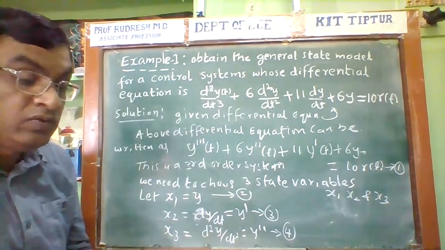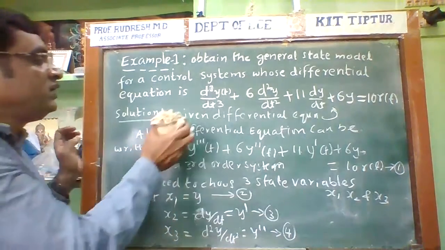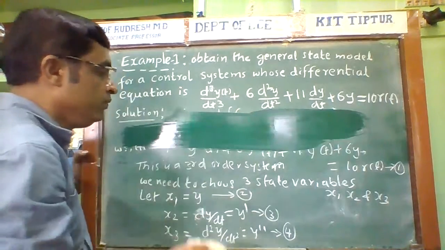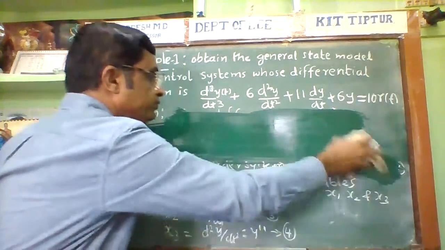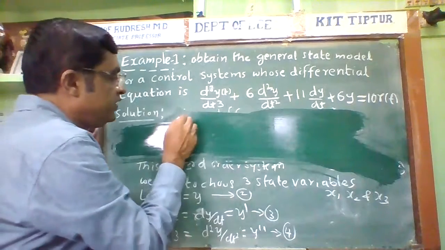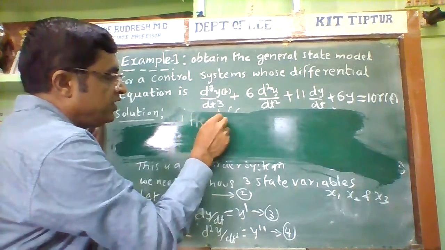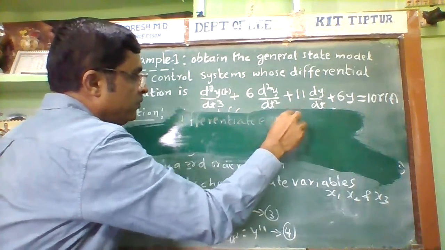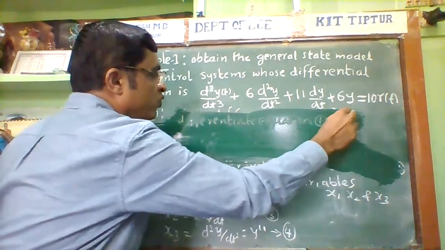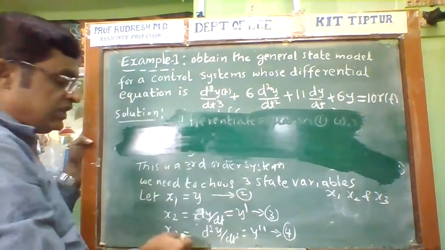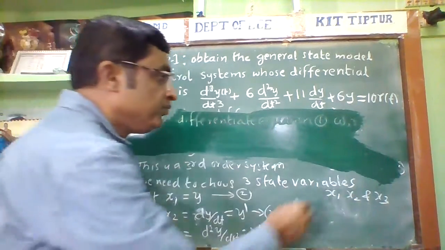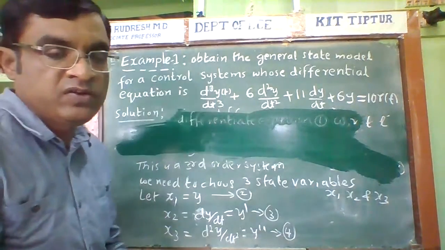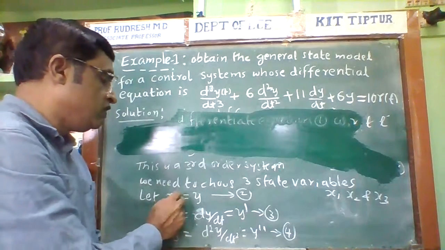Now the next step: differentiate equation 2 with respect to t.